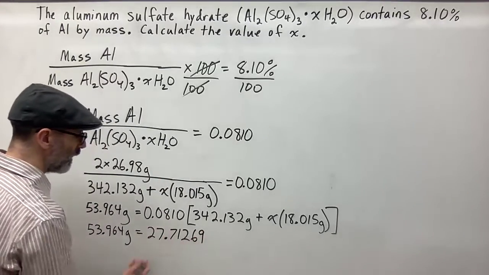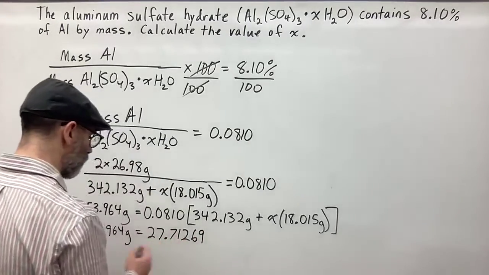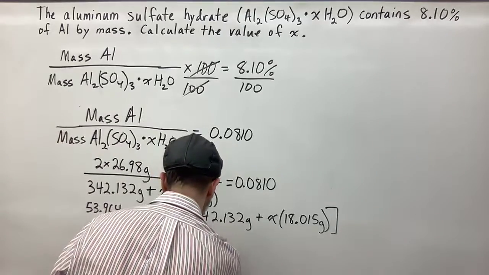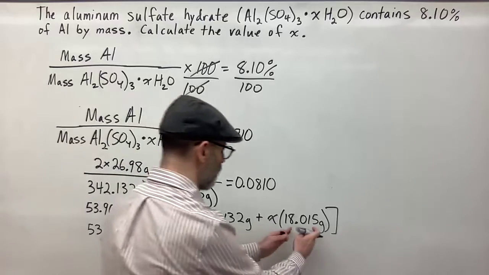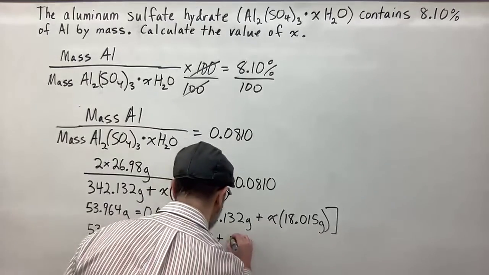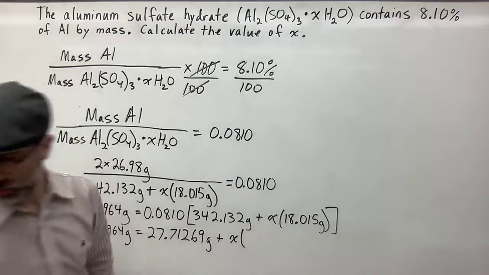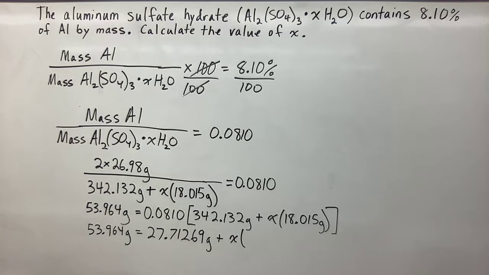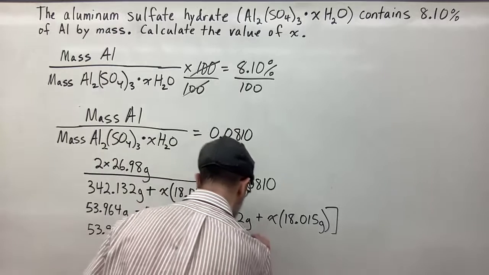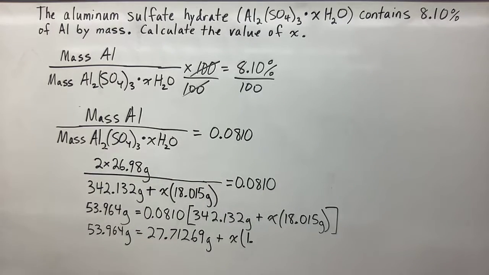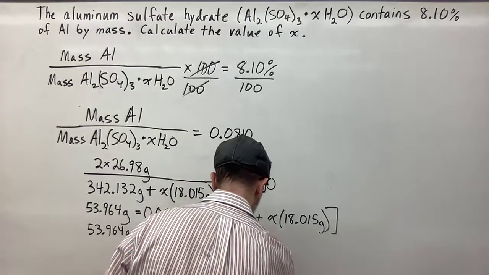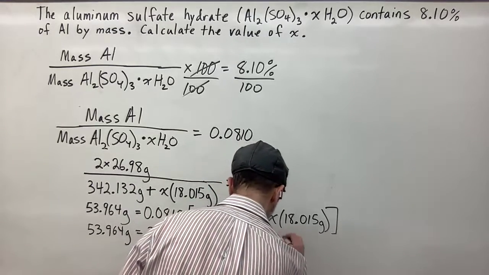I got more digits than I need, but that's okay. Plus, I'm going to multiply this by this, and I'm going to get X multiplied by 1.45921.